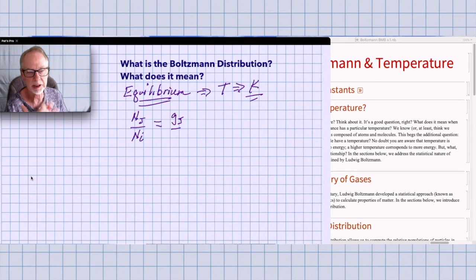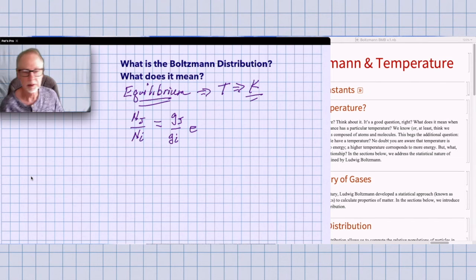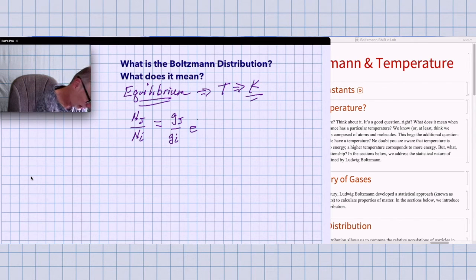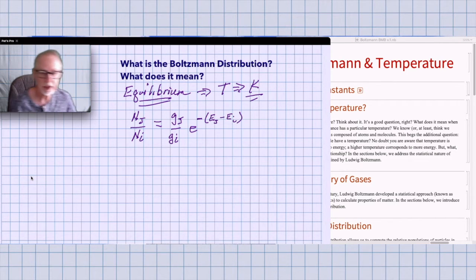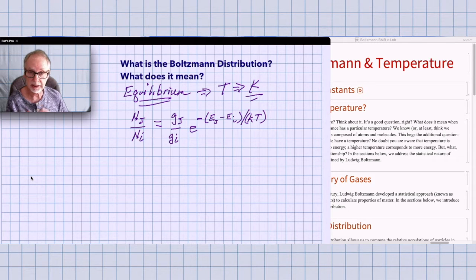G sub J representing the degeneracy of level J, and G sub I representing the degeneracy of level I, times a term where we have the natural number e raised to a power which depends on the energy difference between level J and level I, divided by the product of k, the Boltzmann constant, times T, and again T is in kelvin.